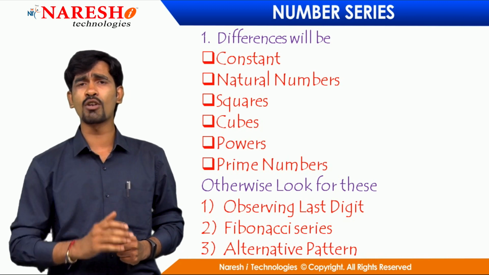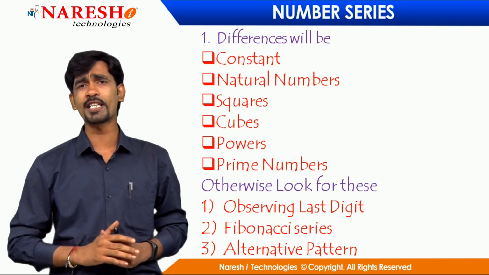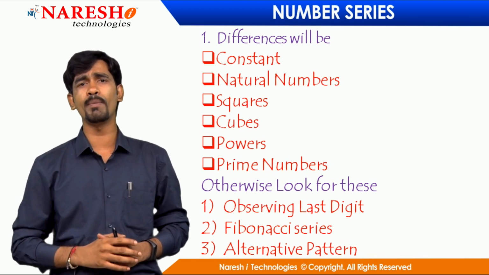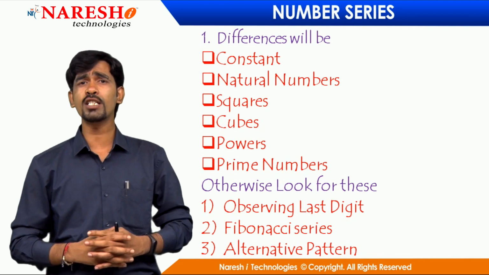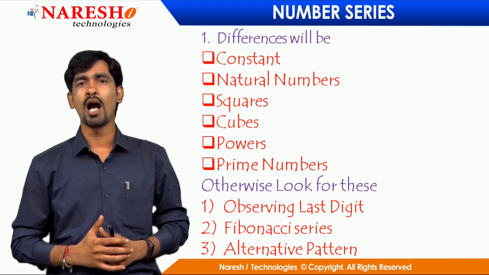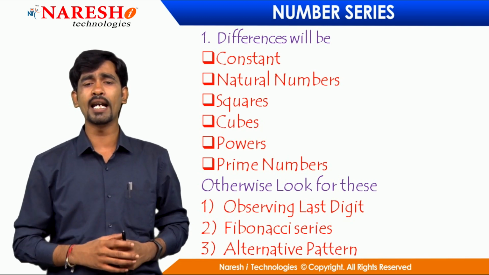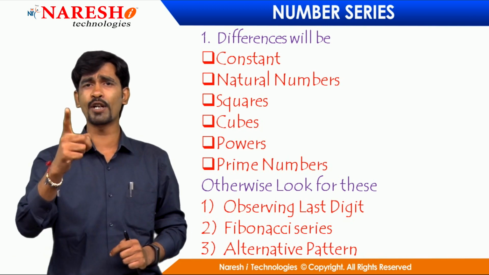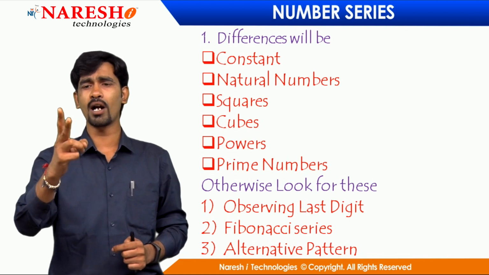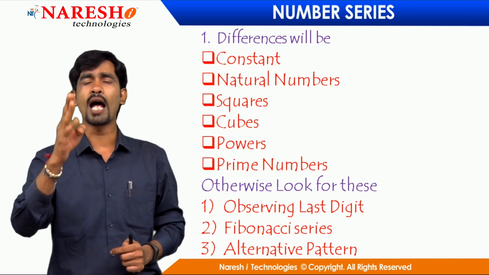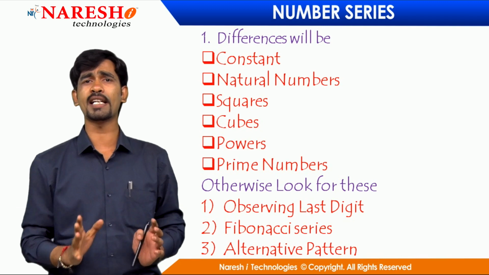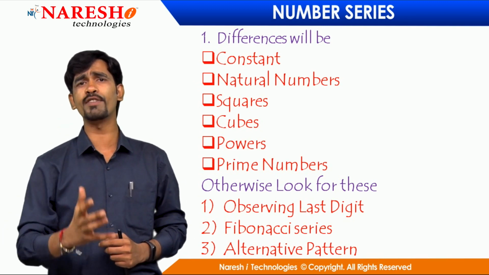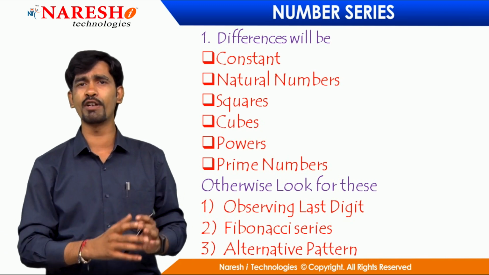If level of differences are not matching, the question might be related to an alternative pattern, where the numbers alternate, or to the Fibonacci series, or to the last digit. So observe these four things: differences, the last digit, the alternative pattern, or the Fibonacci series. You will never miss any question from number series if you remember these four points. But most of the questions will be given under level of differences only.